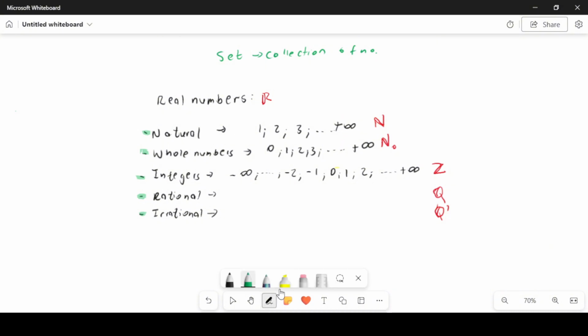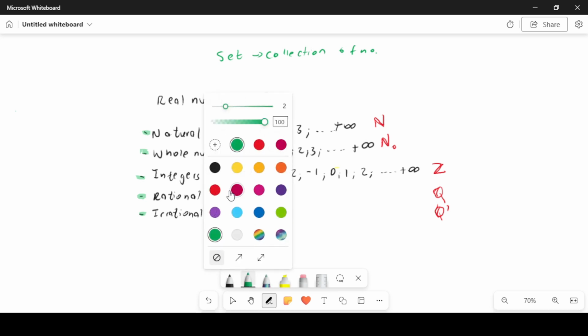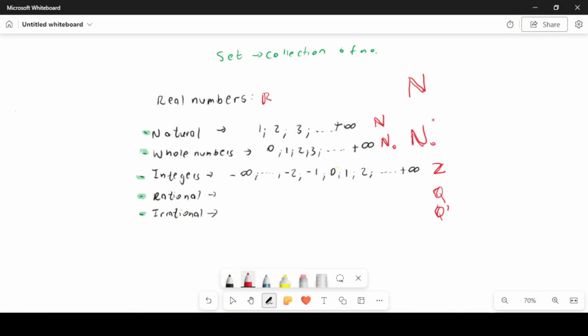The way we denote natural numbers is with an N, and the way we denote whole numbers is with an N with a small 0 at the bottom. What this means is that the whole numbers are the natural numbers starting from 0.